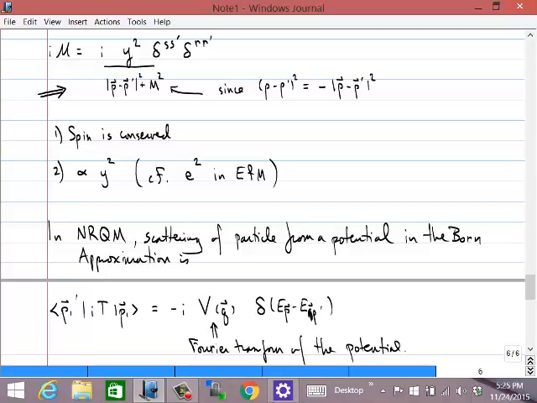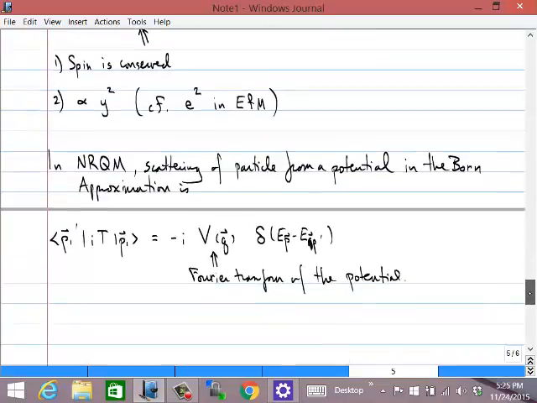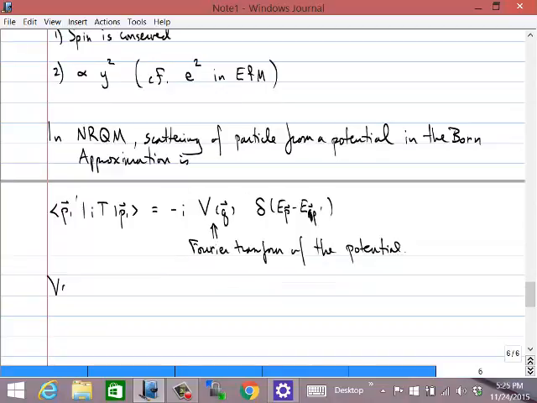So what that means is that by starting with our scattering amplitude and taking a non-relativistic limit, using the Born approximation, you can see what the potential is of this Yukawa theory. In particular, just comparing it with this formula here, we see that in momentum space, the potential is minus y squared over q squared plus m squared.